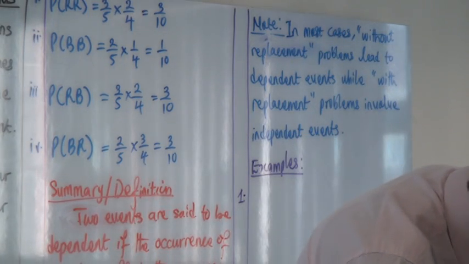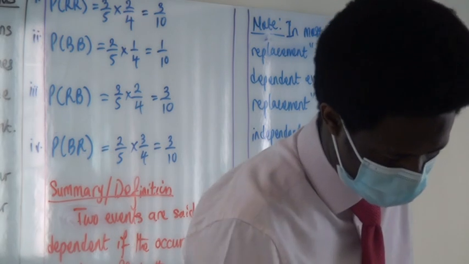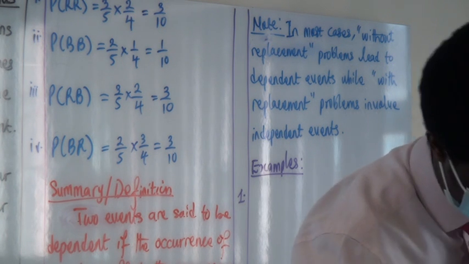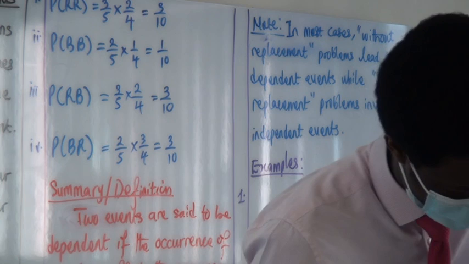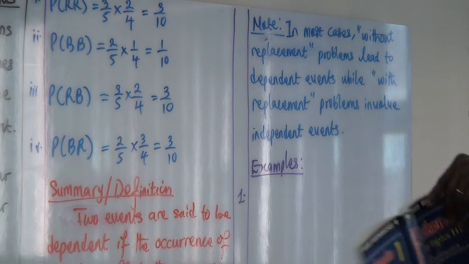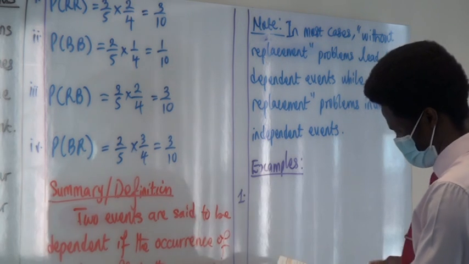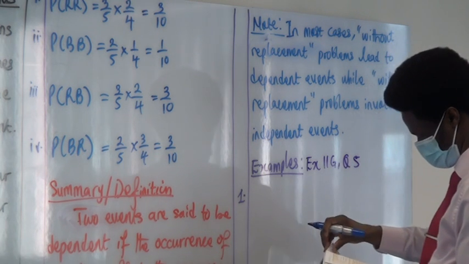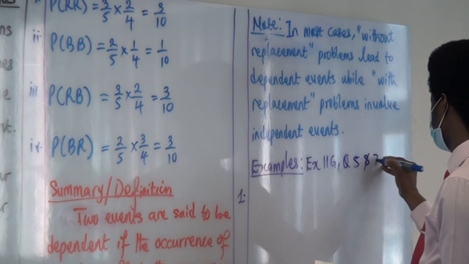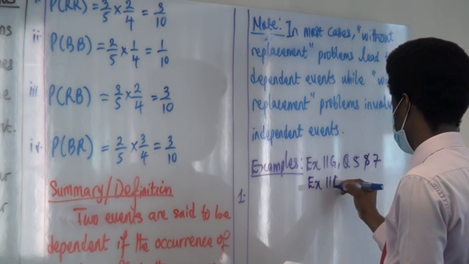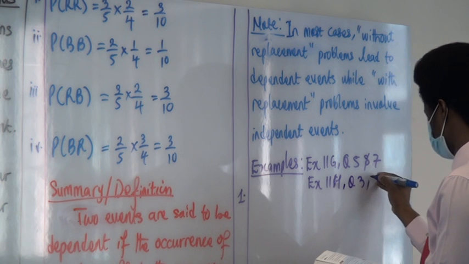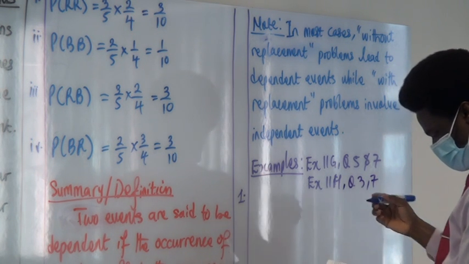So how about we try exercise 11G, question 5, and question 7, then exercise 11H, question 3, 7, and 13.